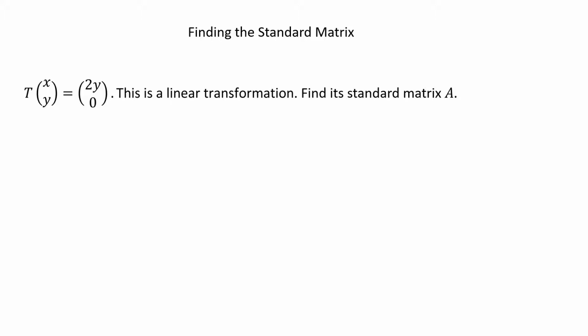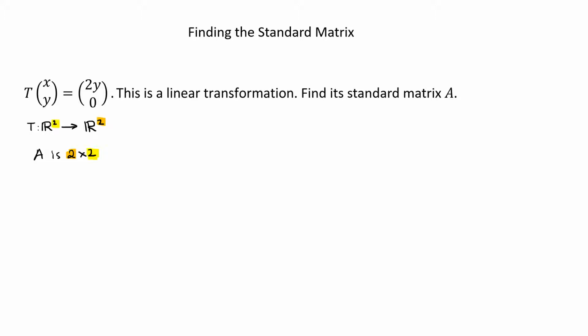Our transformation T is going to map vectors in R2 to vectors in R2. And it's given by sending (x, y) to the vector (2y, 0). We'd like to find its standard matrix A. So A is going to be 2 by 2.